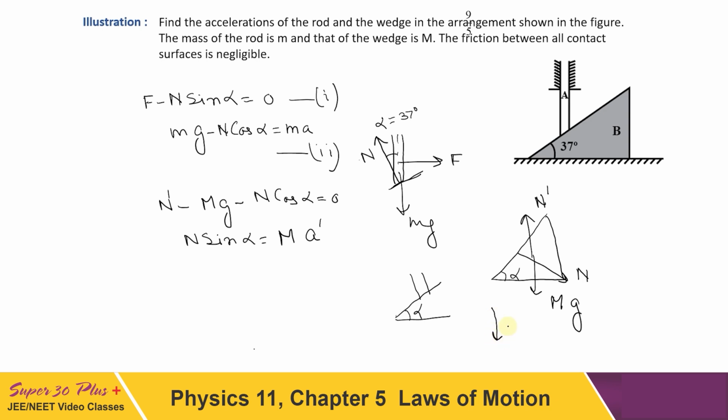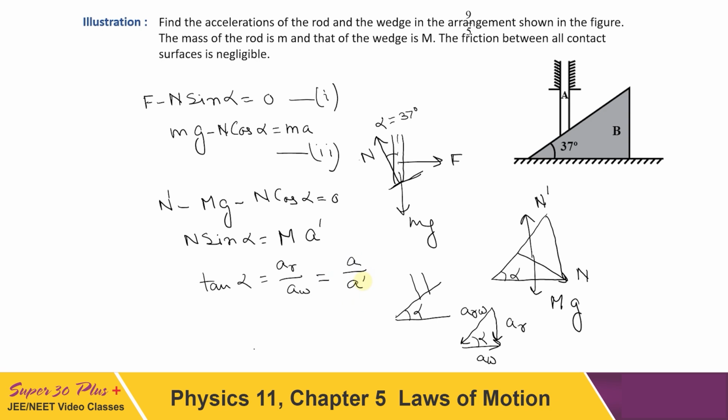If this be the acceleration of the rod, this has to be the acceleration of the rod with respect to the wedge, and this is the acceleration of the wedge. So we can write tan alpha is equal to the acceleration of the rod upon the acceleration of the wedge. And what is the acceleration of the rod? That we had taken as a upon a dash. So one more relation we got from here.